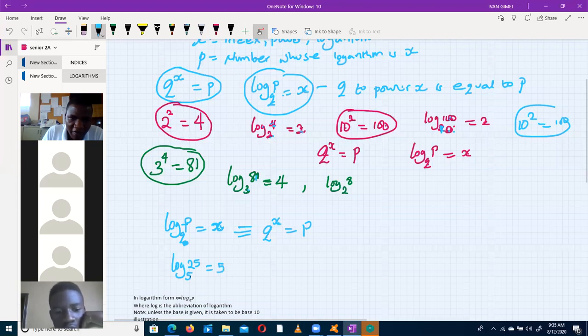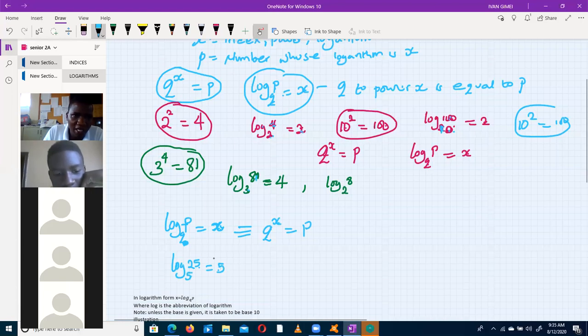Should we say 5 to the power 5 is the same as 25? No, it is 2. The answer is 2 because 5 to the power of 2 gives me 25. So here the answer is 2 because they're asking you to which power should we raise 5 to get 25. So we can even say 5 to the power of 2 is equal to 25.